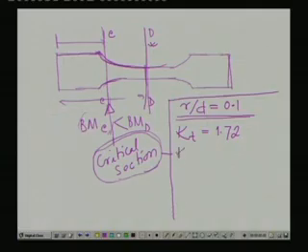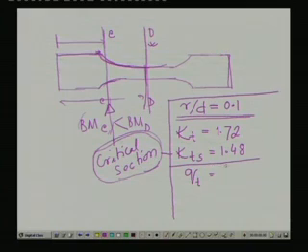Similarly, KTS, meaning when considering the shear, we can take this value to be 1.48. In a similar manner, one can see the notch sensitivity for this situation. The notch sensitivity for bending is 0.75.